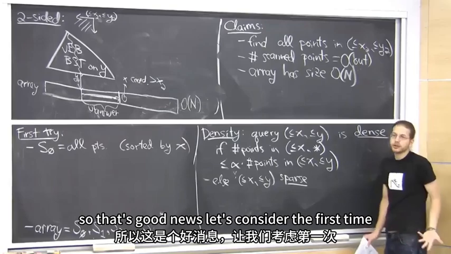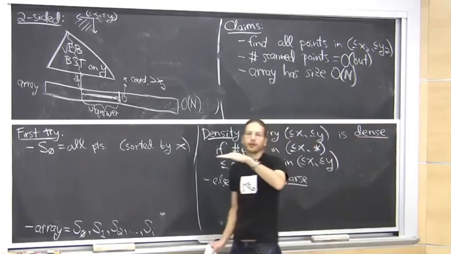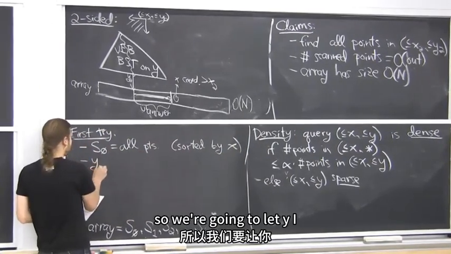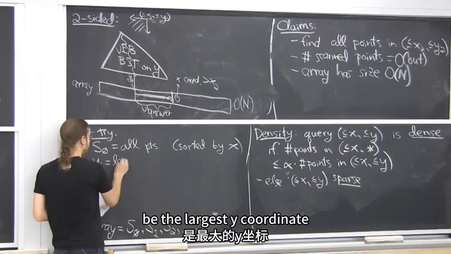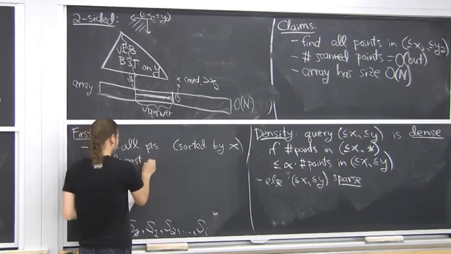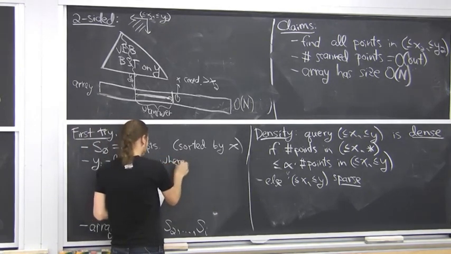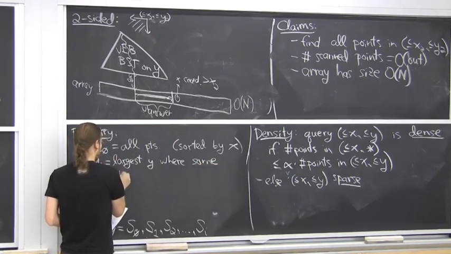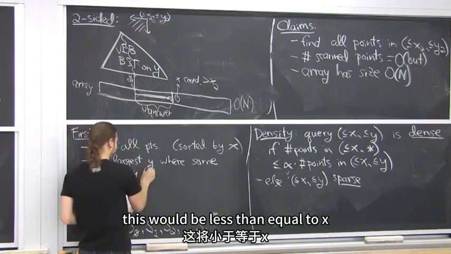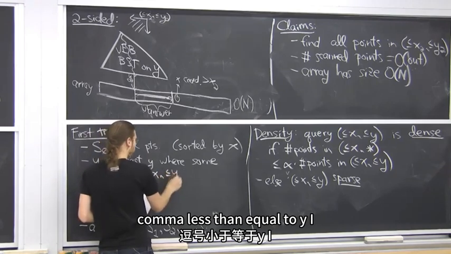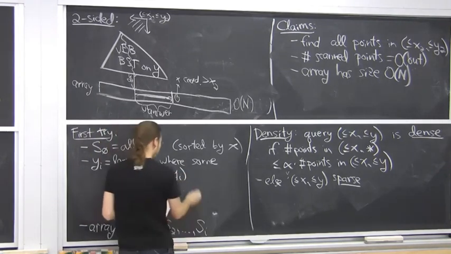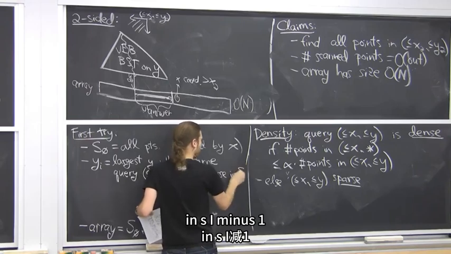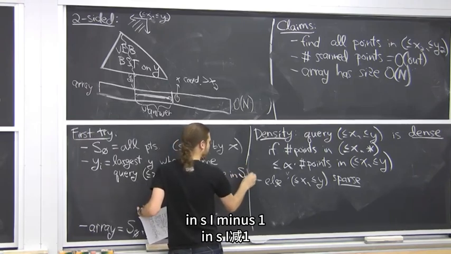So that's good news. Let's consider the first time when there's a sparse query. So we're going to let yi be the largest y-coordinate where some query, some x-coordinate, y-coordinate, this would be less than or equal to x, comma, less than or equal to yi, is sparse in Si minus 1.